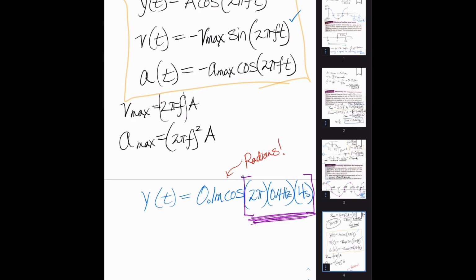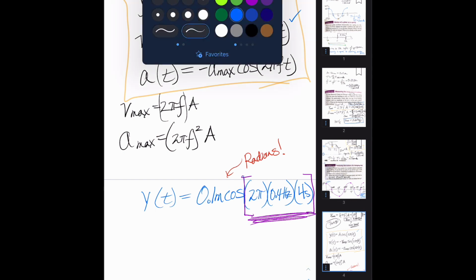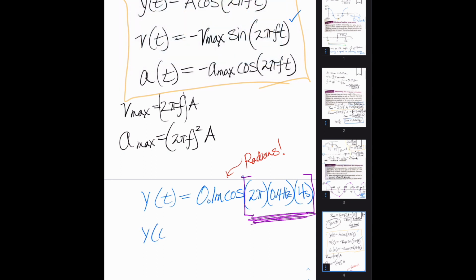So 2 pi times 0.4 times 4 is going to become 10.053 rad right here.